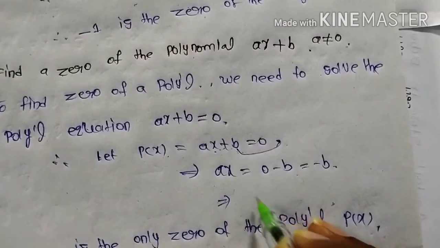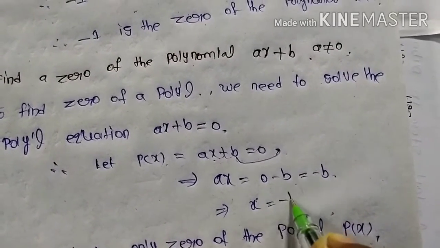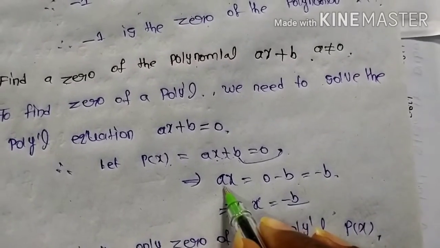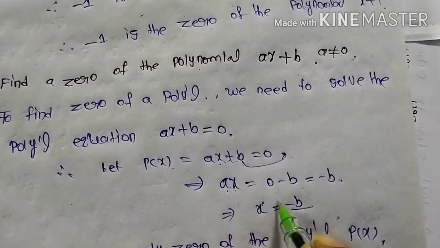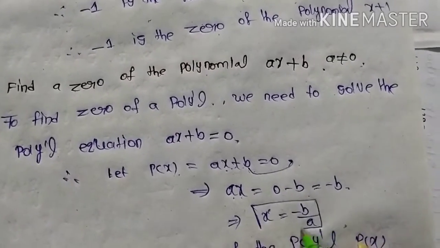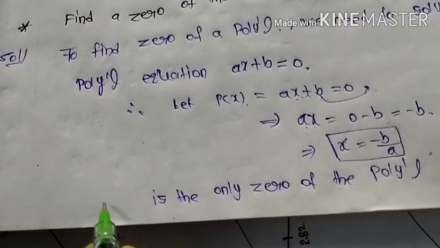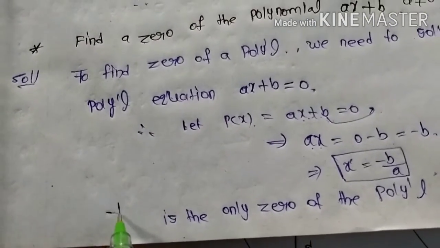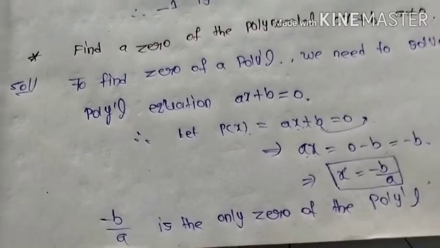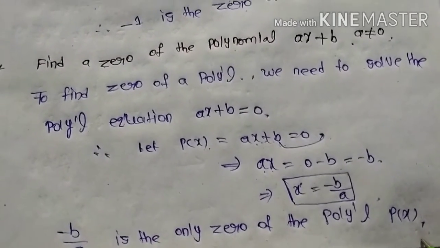I need to find only the x value. So I am writing here x is equal to minus b by a. Here a is doing multiplication. If I am transposing to the RHS, it will become division, or not? So what is the x value? Minus b by a. Minus b by a is the only zero of the polynomial p of x.